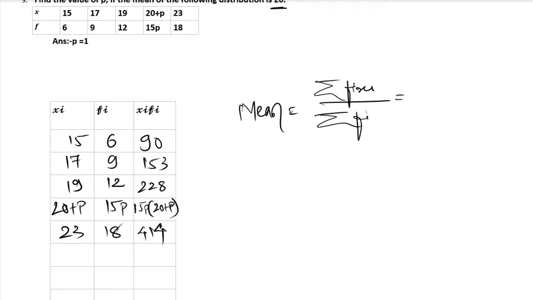Okay, so that's 885 plus 15p bracket 20 plus p, upon, let us add all the sigma fi's. So 6 plus 9 is 15, plus 12 is 27, plus 8 is 35, plus 10 is 45. So 45 plus 15p. 15p will not be added with any of the numbers.